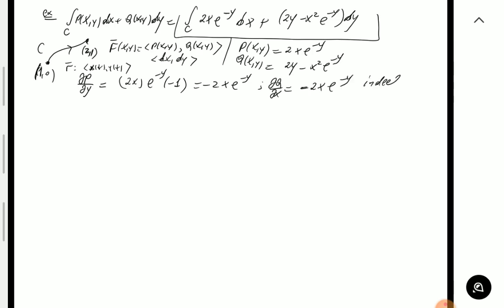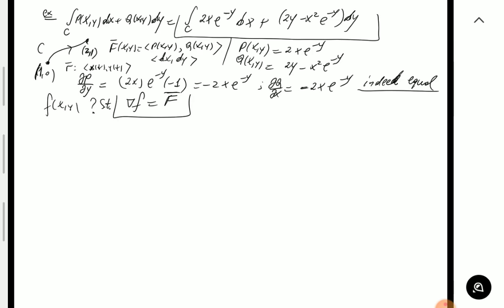So indeed, the two are equal. So now we've convinced ourselves that this is a conservative vector field. So let's proceed in finding its potential, that scalar function f of x,y such that the gradient of it is the vector field itself.